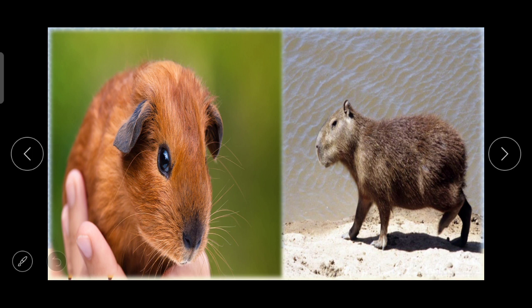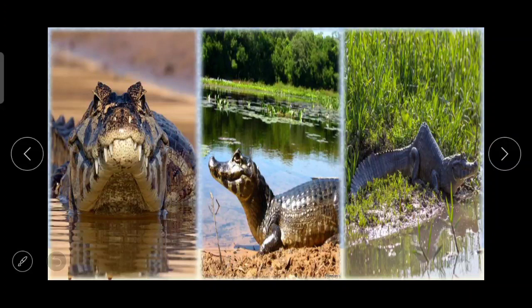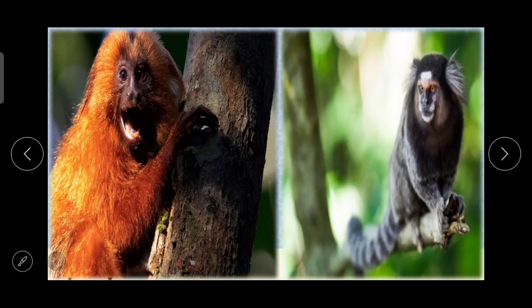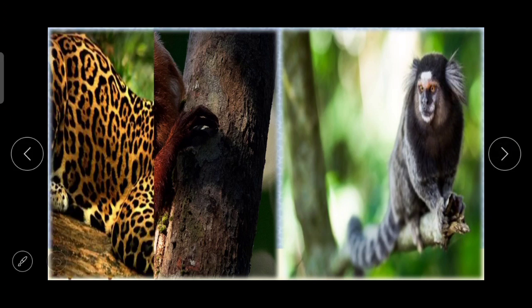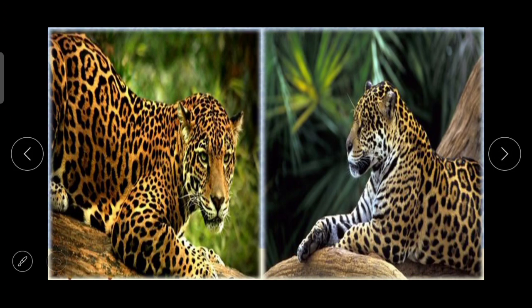Then in Brazil, guinea pigs, next to that crocodiles, alligators, monkeys, leopards, pumas, etc. are found.